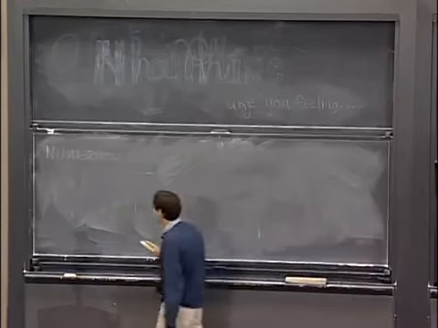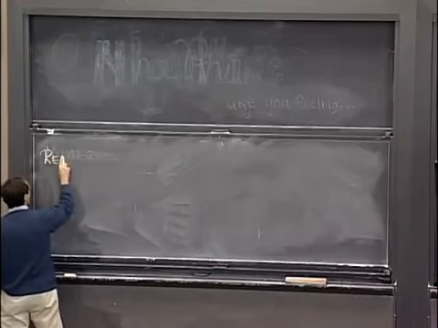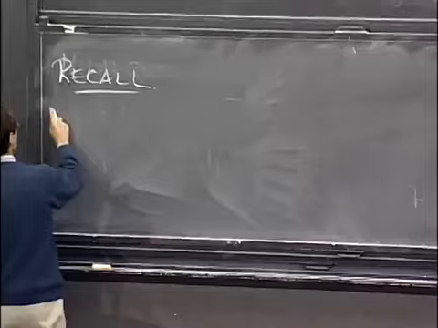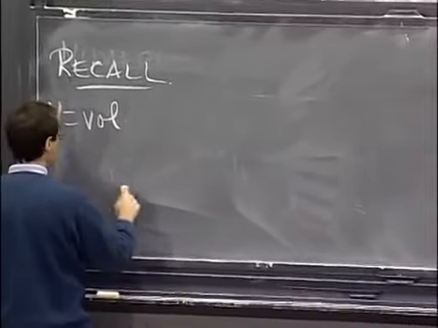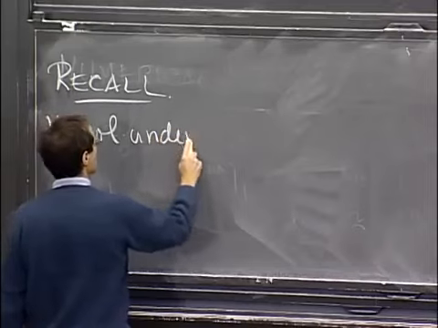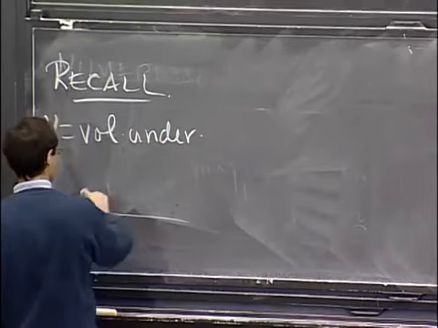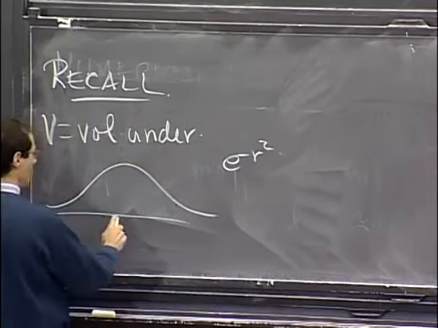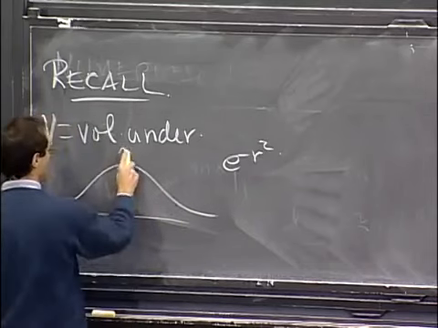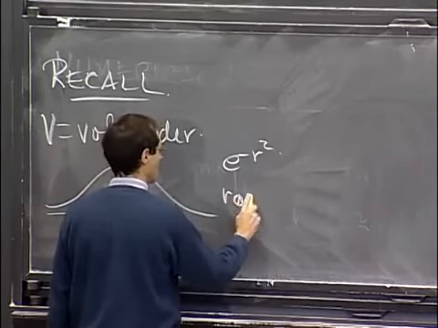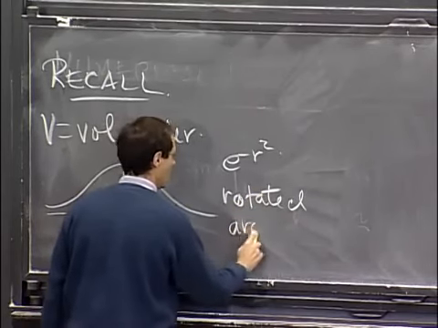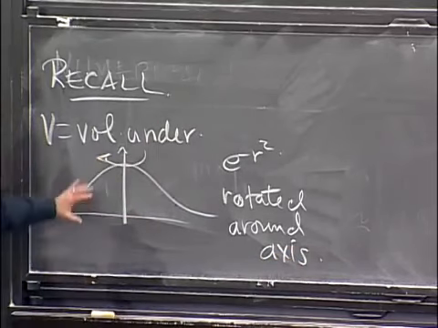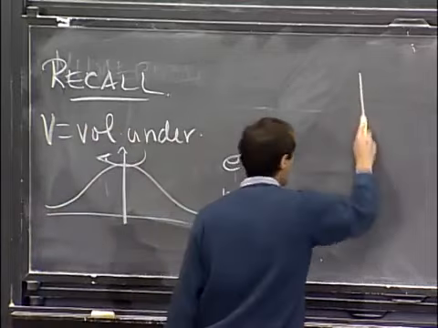So the first step, which is something that we already did, was that we found the volume under this bell-shaped curve, e to the minus r squared, but rotated around this axis. All right, so we figured that out, and that was a relatively short computation.